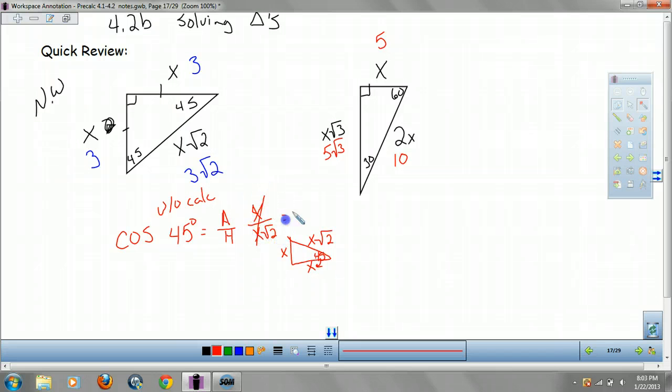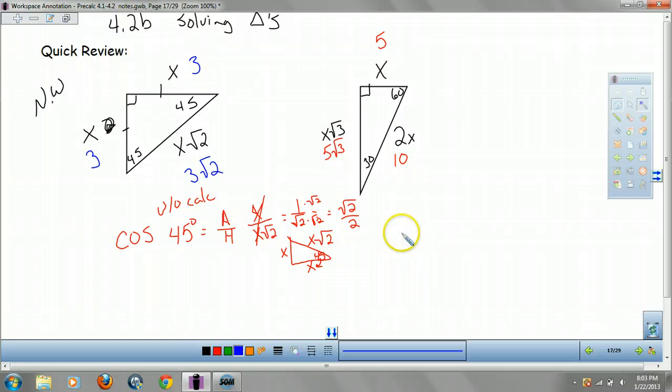So these cancel. So you get 1 over square root 2. Which when we rationalize it, times both these by square root of 2, you get square root of 2 over 2. Found out without using a calculator. Okay?